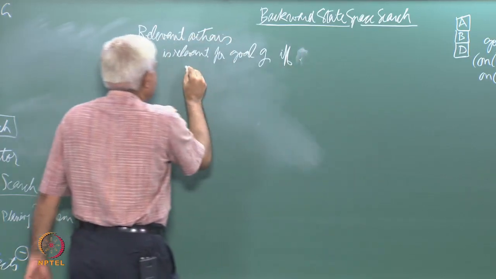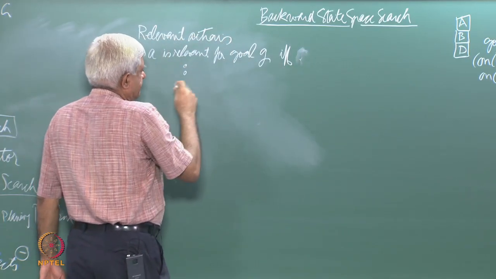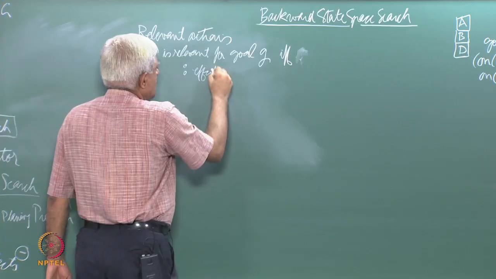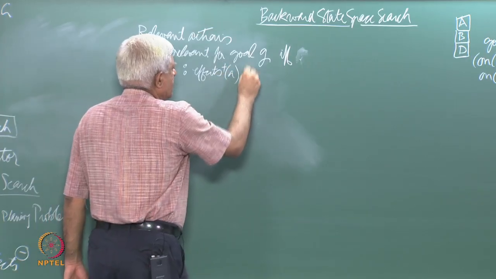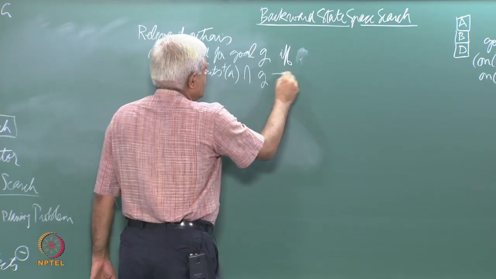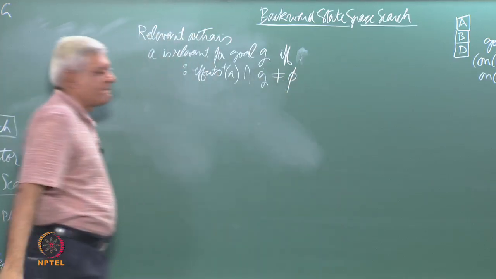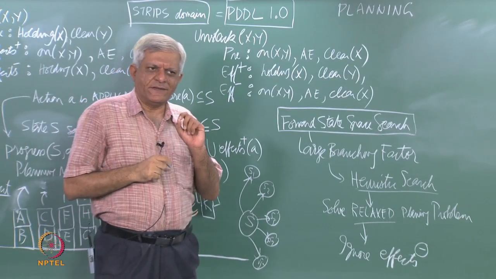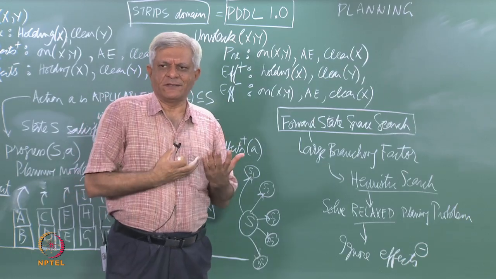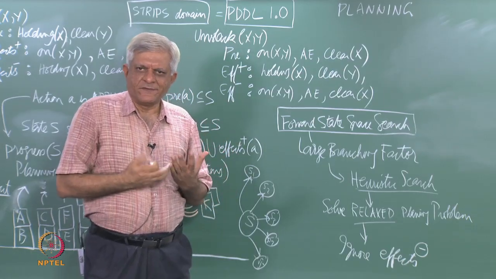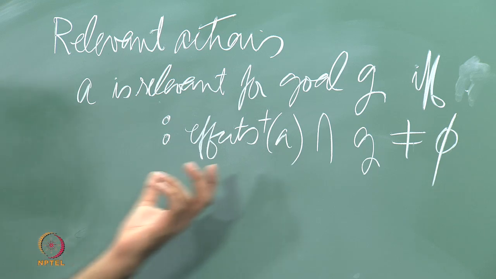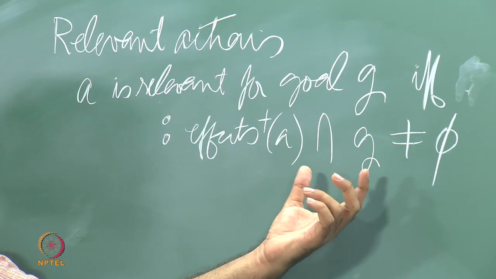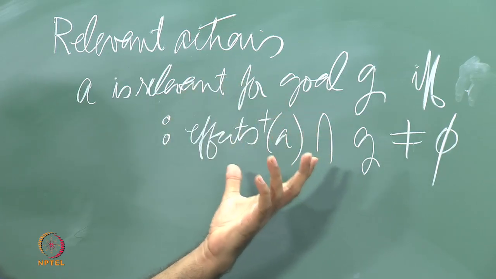Let me write it here. The effects plus of A and G is not equal to phi. That an action has an effect which is required in the goal to be true, which means the intersection of the positive effects of the action and the goal must not be empty; it must produce something which is relevant for the goal.